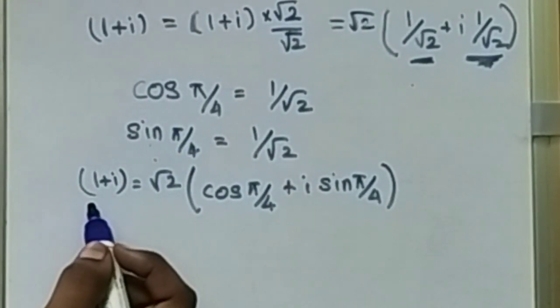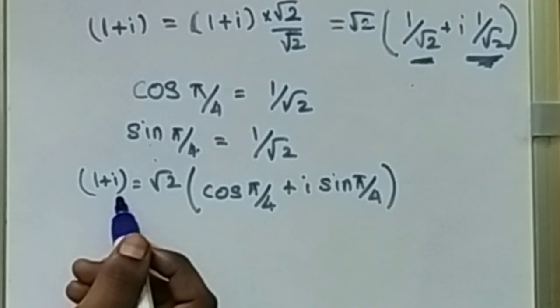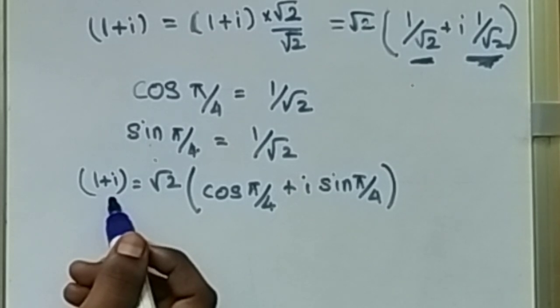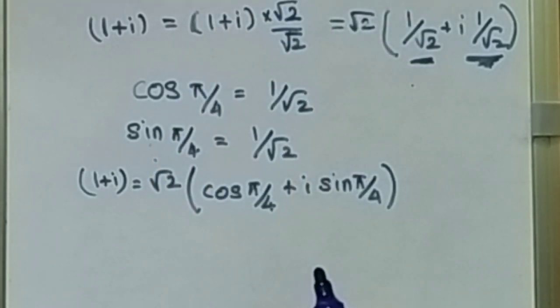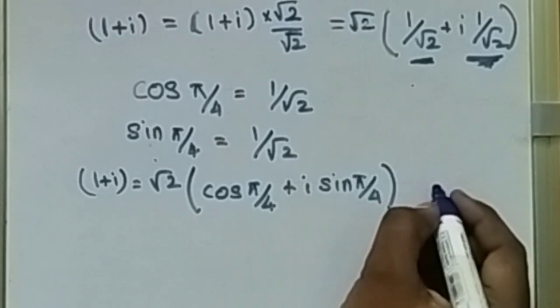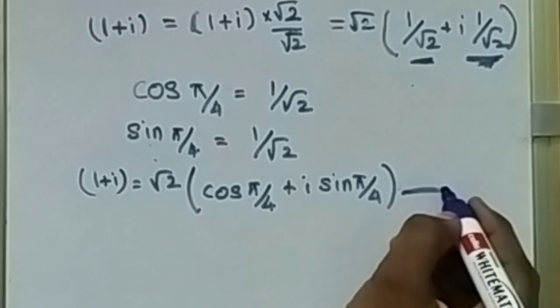Clear. Now we are clear with the value of 1 plus i. So what we want is (1+i)^(2n). Before this I am going to name it as equation number 1.